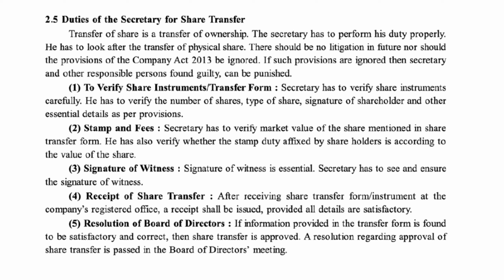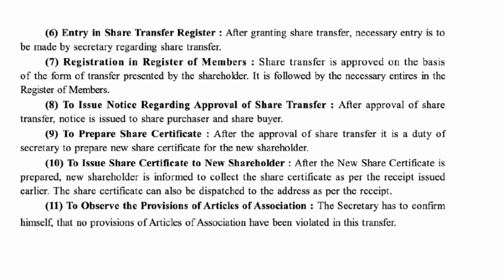He has to make sure that the resolution is passed for approval of the share transfer, and after that an entry has to be made in the share transfer register, and also an entry in the register of members. Before the share transfer, we have to give a notice to both the seller and the purchaser with a time limit of 14 days. That notice is also the responsibility of the company secretary.